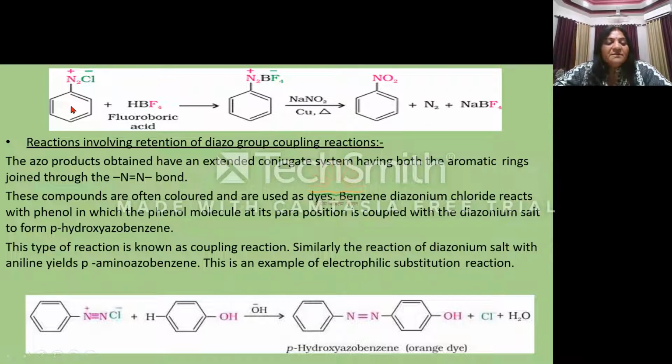Now the second type of reaction. These were all reactions liberating nitrogen. Now the second type of reaction, in which retention of the diazo group takes place, is named the coupling reaction. Now this is benzene diazonium chloride reacting with phenol. Here HCl is liberated.